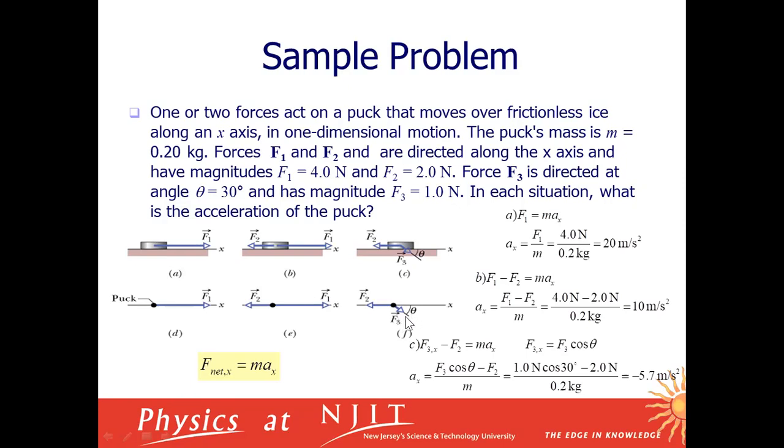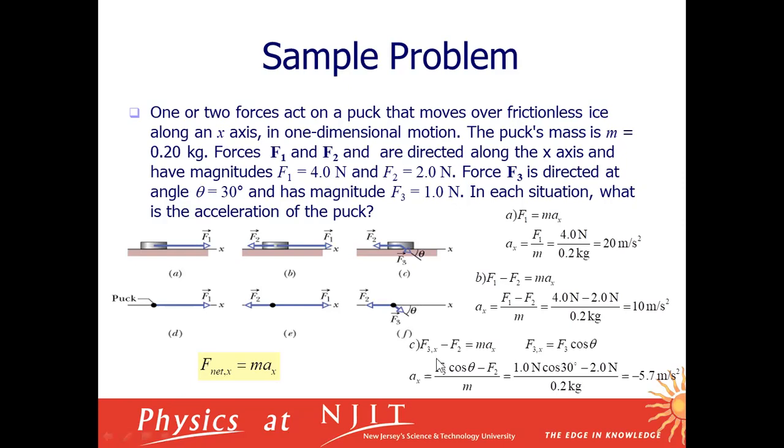So how did we get that? Your F3 here is actually the hypotenuse subtended with an angle of theta. To determine now the Fx here, we're going to use the trigonometric identity cosine. The x component of your third force becomes F3 cosine theta.